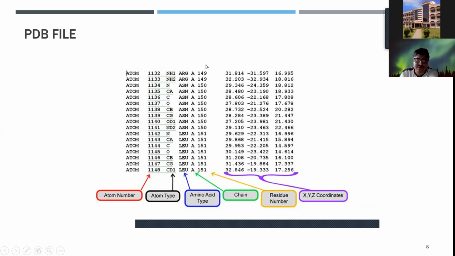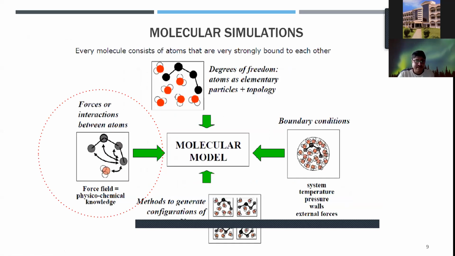So this file is called the initial coordinates of this protein structure, and then we submit these initial coordinates for molecular dynamics. Before submitting, we need to take account of different things. First we take these coordinates, then we apply some force field. So we need to choose the force field.